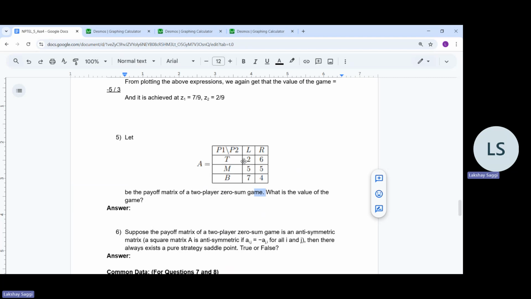So if we try to formulate this problem in terms of rows, we'll have three variables, y1, y2, and y3, and then one constraint that their summation is equal to 1. Formulating it in terms of probabilities of rows will be a bit difficult as it will involve more variables. But if you formulate the problem in terms of columns, then you'll just have two variables z1 and z2, where z1 plus z2 will be equal to 1.